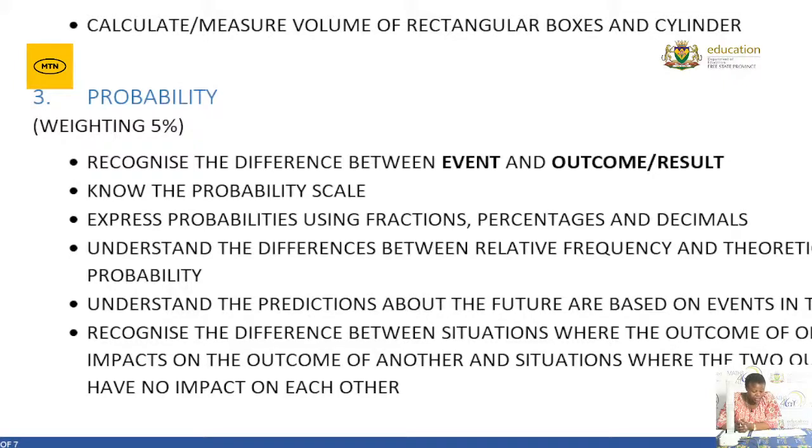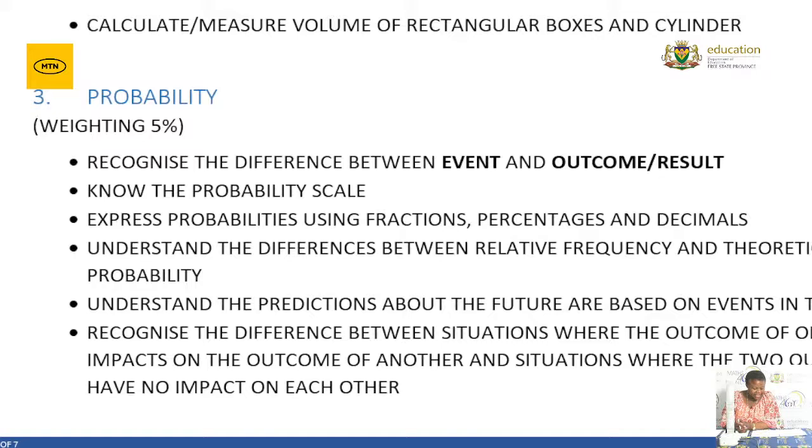You need to know the probability scale. You must express probabilities using fractions, percentages, and decimals. And you must also understand the difference between relative frequency and theoretical probability. You must understand predictions about the future that are based on events in the past.